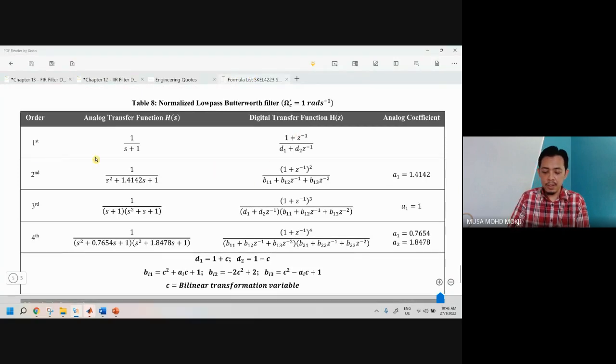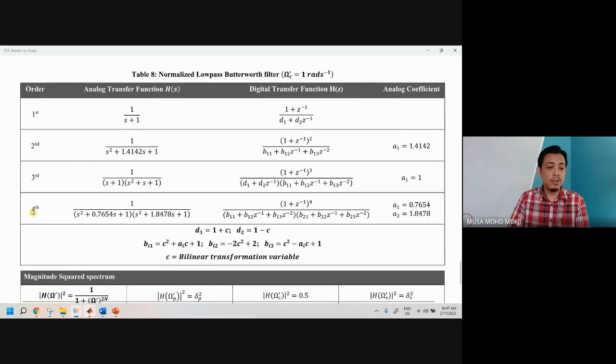So this is the first order, the second order, the third order, the fourth order. Normally everything is in a second order form. Fourth order, we have two second order forms. Of course, a third order has one second order term and one first order form, because 1 plus 2 becomes 3.